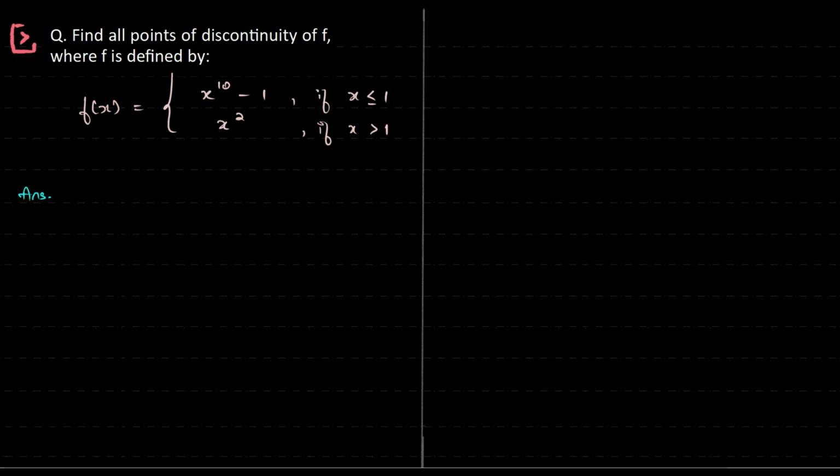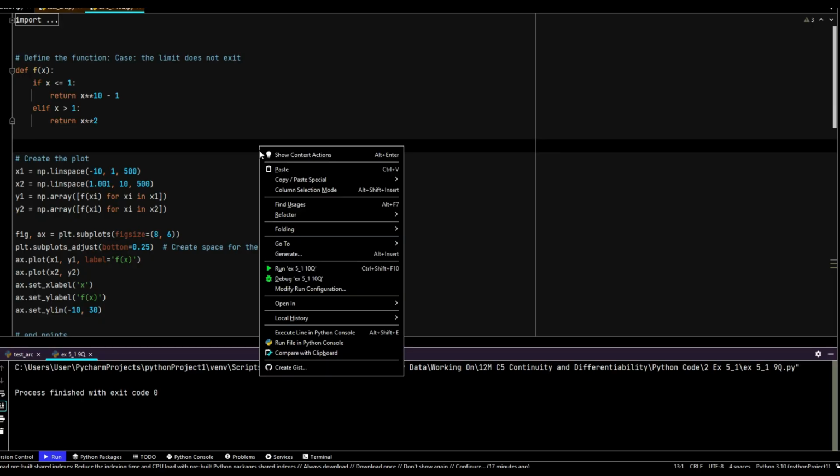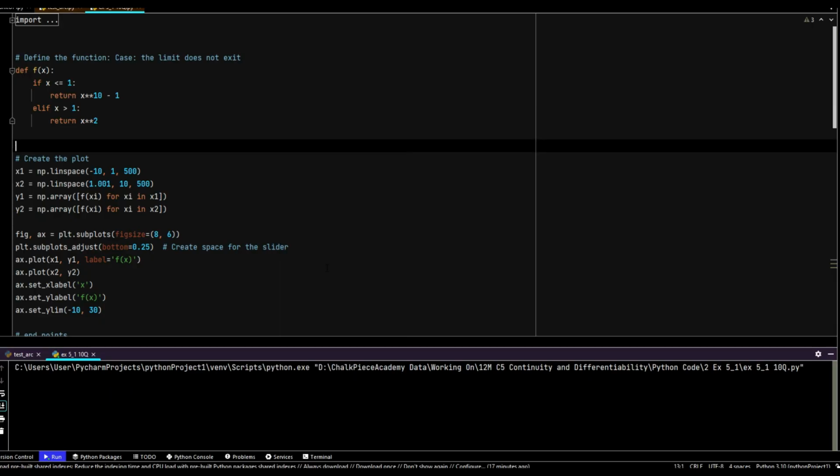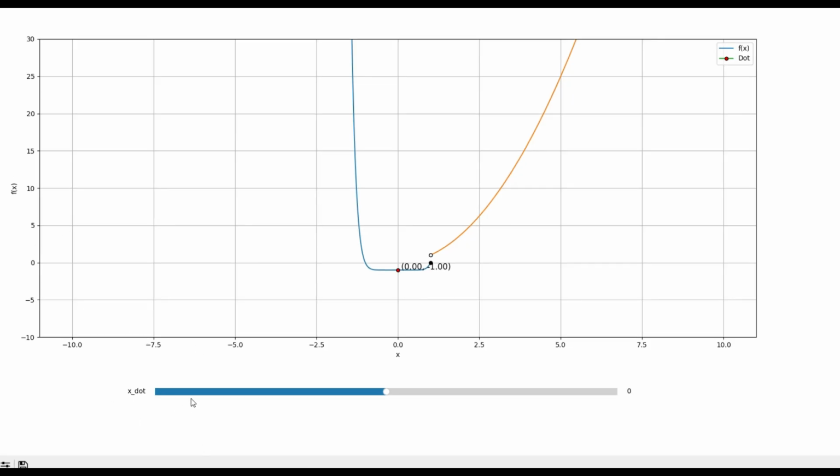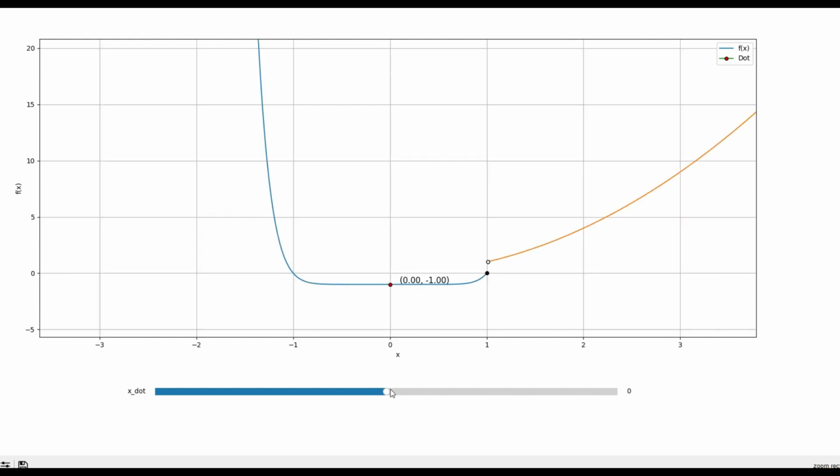Let me show that. The graph looks weird, but this is how it is. So let me zoom in. The main part is over here. So that's my input, and we can see when we have the negative, since it's x to the power of 10, 10 is an even number, so it is always positive and it grows exponentially in a huge power.